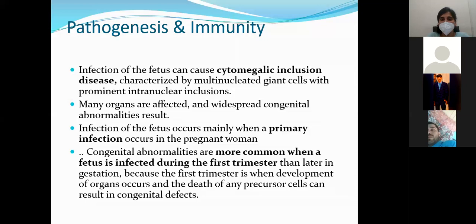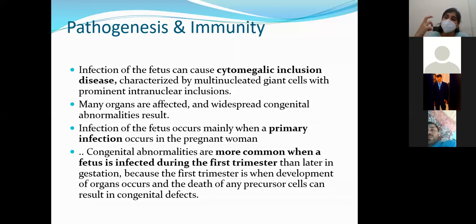Infection of the fetus occurs mainly when a primary infection occurs in the pregnant woman. Similarly, I told you that when herpes simplex virus 2 infection is transmitted by the mother to the fetus, it causes aseptic meningitis. The neonates will be affected when the mother has the primary disease.